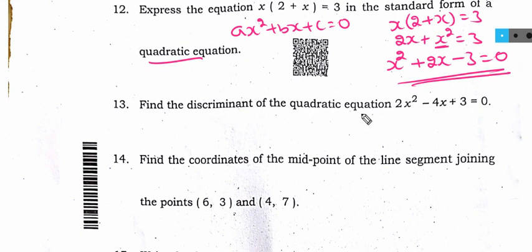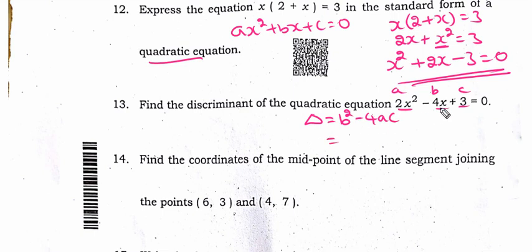Find the discriminant of the quadratic equation 2x square minus 4x plus 3. Here the value of a is 2, b is minus 4, c is 3. Then we have to find the discriminant. Discriminant is equal to b square minus 4ac.